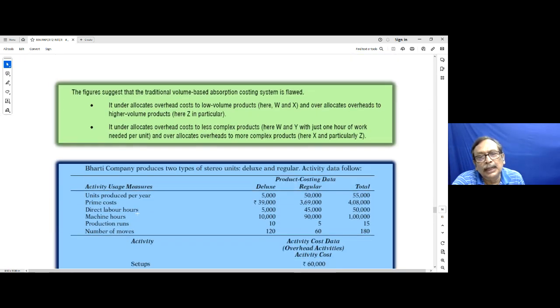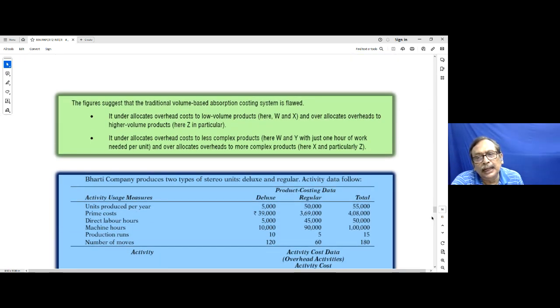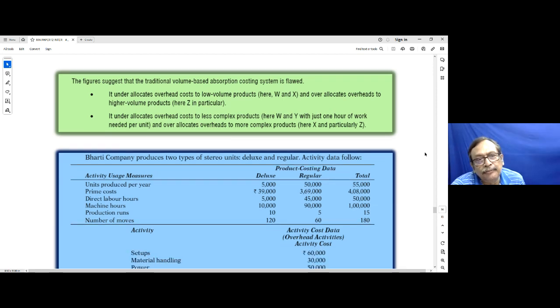Now, I'm just making an analysis. The figures suggest that the traditional volume-based absorption costing system is flawed. So there is a fallacy. It underallocates overhead cost to low volume products, here W and X, and overallocates overheads to higher volume products, here Z in particular.